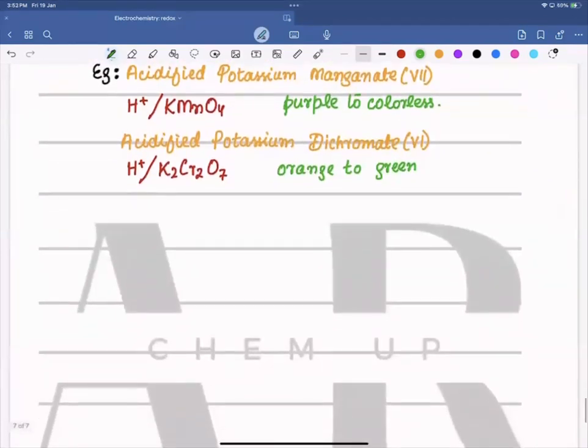Yes, sir. Okay, you have to remember these two oxidizing agents and their color changes.